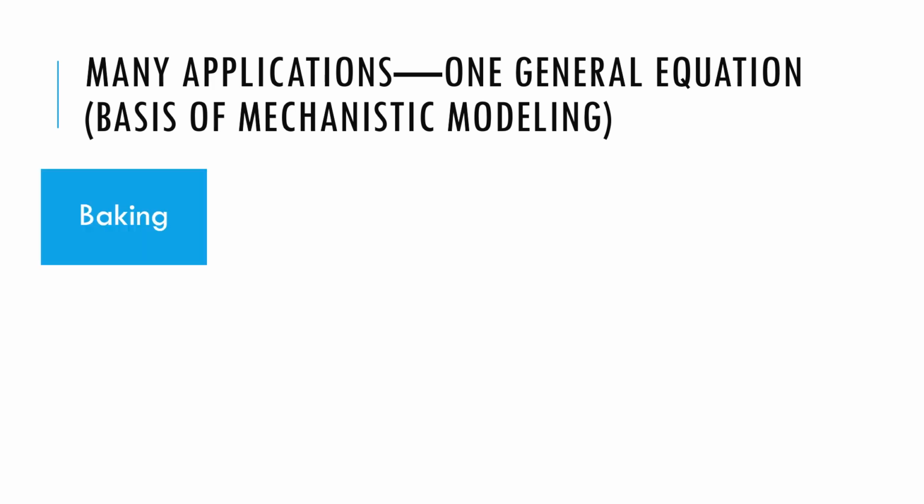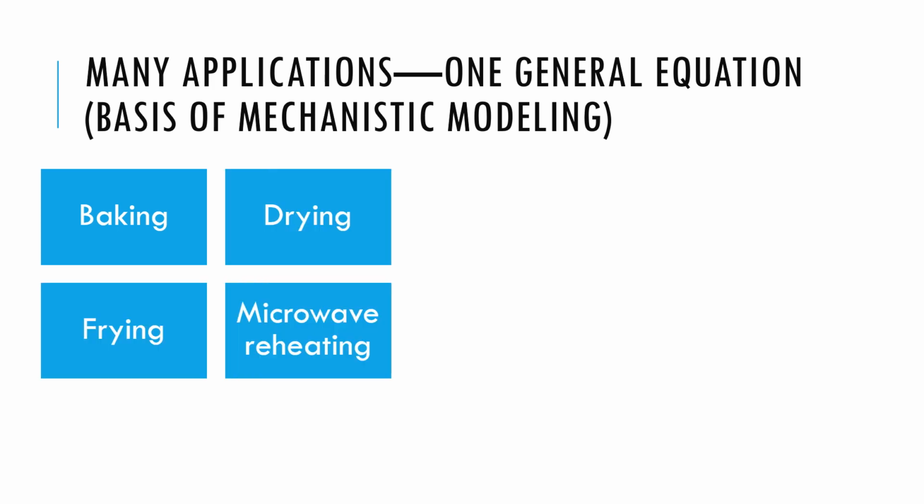Because processes have things in common, let's say baking and drying and frying and microwave reheating, they all have some things in common. This kind of mechanistic modeling always starts from a similar set of equations. If we want to build a model for drying, we could actually start from equations that are maybe developed for baking, but we may have to change them some.